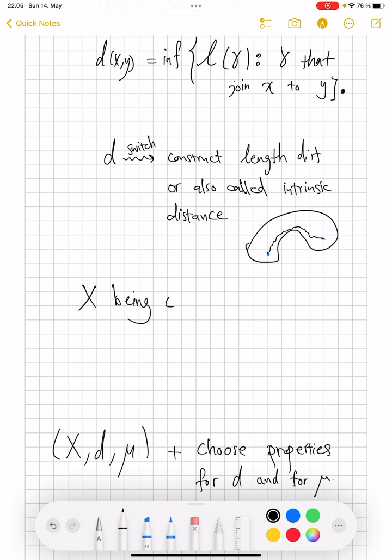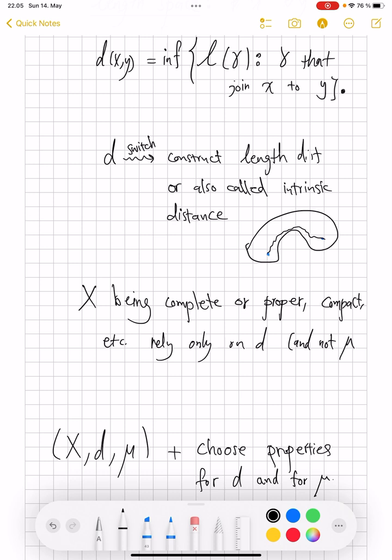So this being complete here has nothing to do with the measure, or being a proper, later I will define this, a proper metric space or being a compact metric space, and similar ones rely only on D and not the measure.